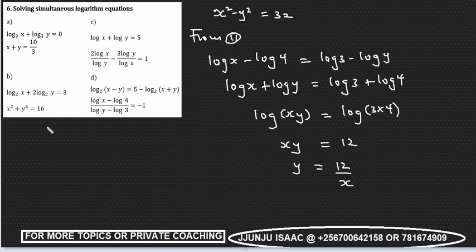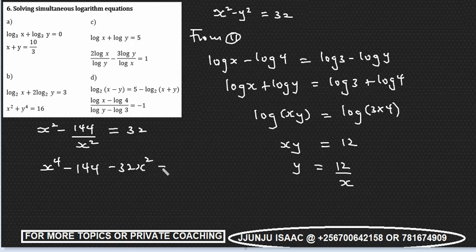We can now see that we have x squared minus, now y squared is going to be 144 over x squared, because we square both sides to get y squared, and now this will be 144, this will be x squared, so equal to 32. So if you multiply with x squared throughout, we get x to the power 4, then minus 144 minus 32 x squared equal to 0.